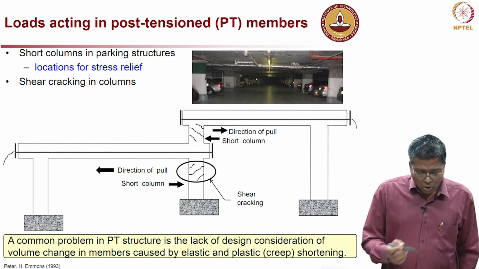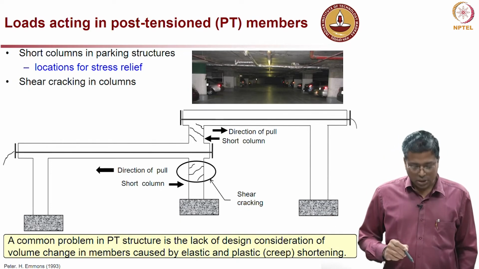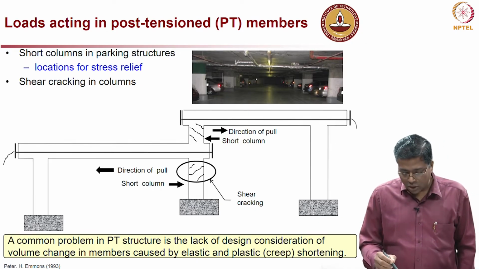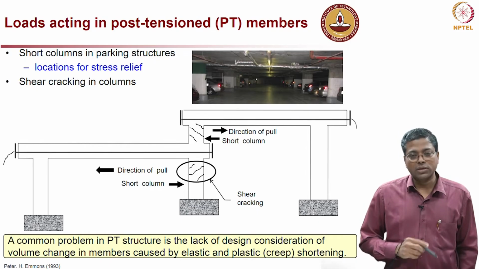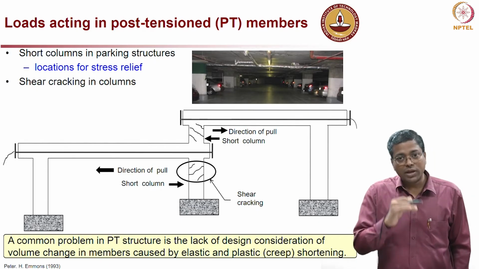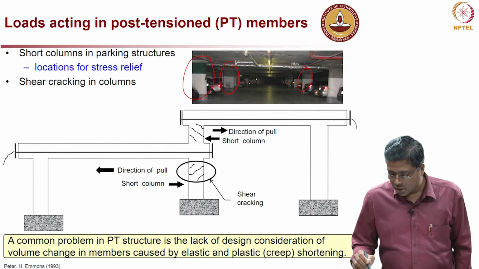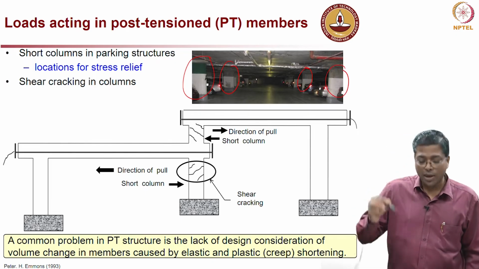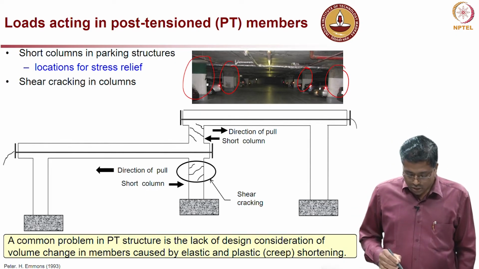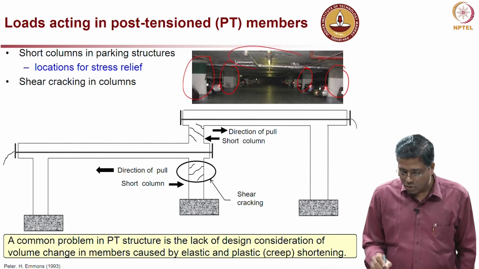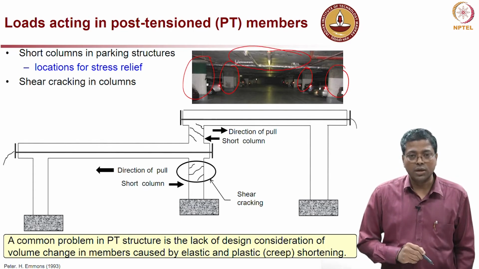Now, more on loads acting on post tension members. You can see here, if you are talking about a parking garage for example, usually they have very short columns, because they are not really high bay structures. So, short columns, and imagine this whole roof element here is post tension, a PT slab.